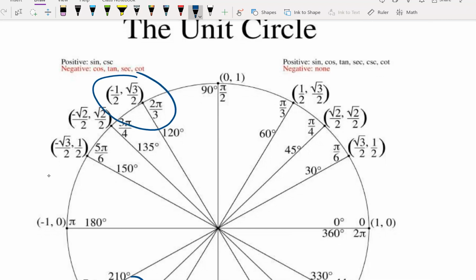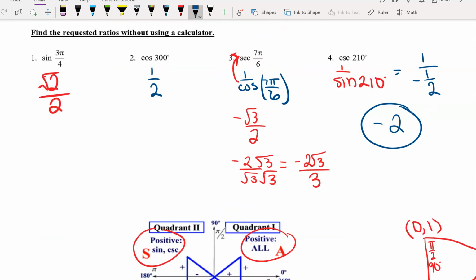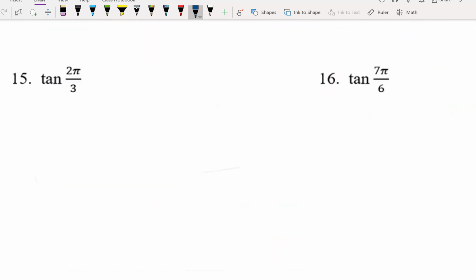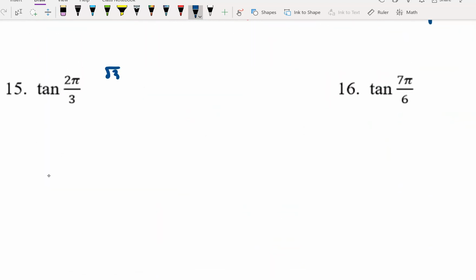And remember, tangent is sine over cosine, so it's going to end up being root 3 over 2 over negative 1/2. So let's do that. Root 3 over 2 over negative 1/2.